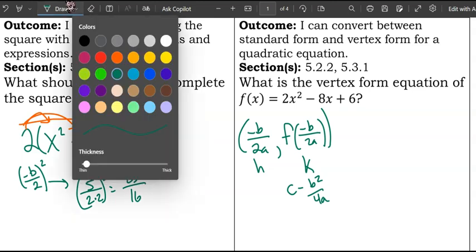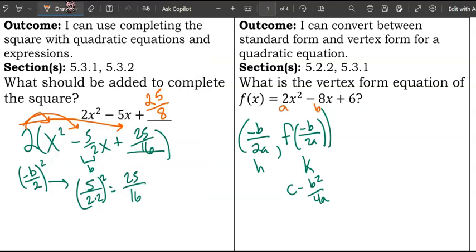All right, let's identify our a, our b, and our c, and then we'll plug those in. Negative 8 over 2 times 2. 8 over 4 gives you 2. That's your h value. And then to get your k value, just plug that into the formula.